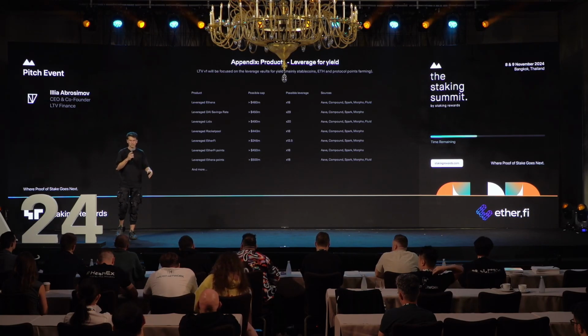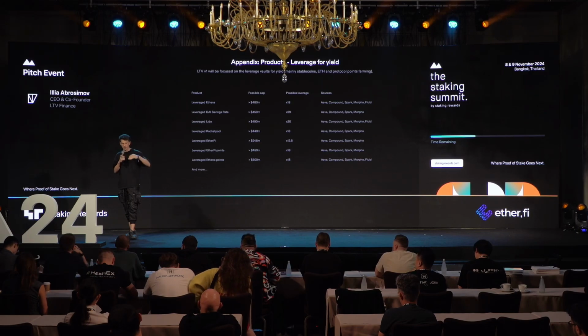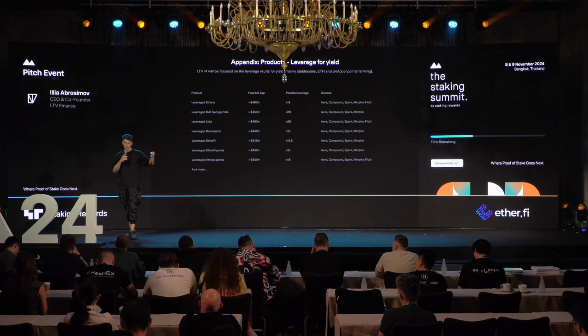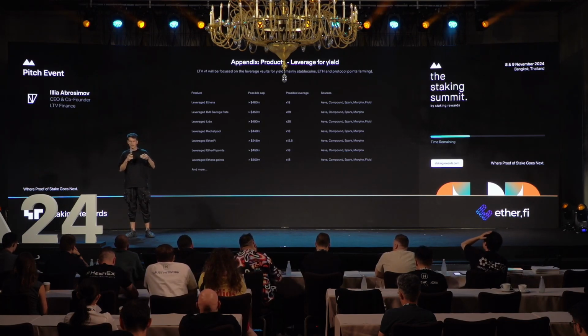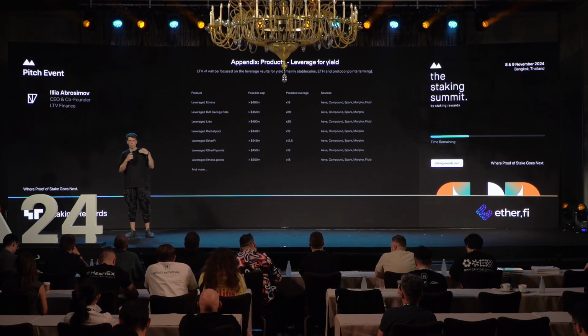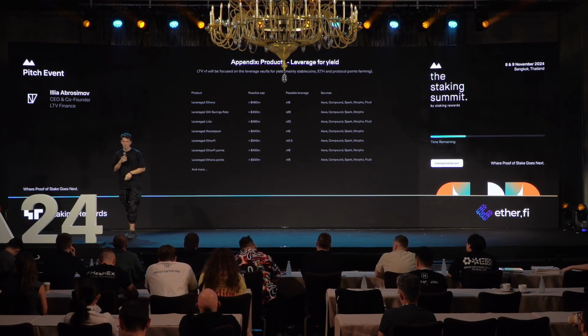The idea is you can optimize the leverage level to get the highest APY, or you can push it even further and get the highest amount of points that you want. So it's just different measurements of yield. If you push the leverage over some optimal value, you start losing the APY that you can get from the leverage, but you're still collecting more and more points. I see. Thank you.